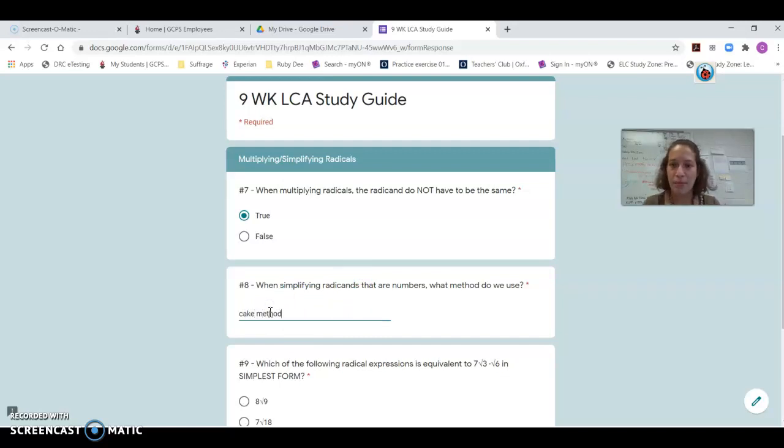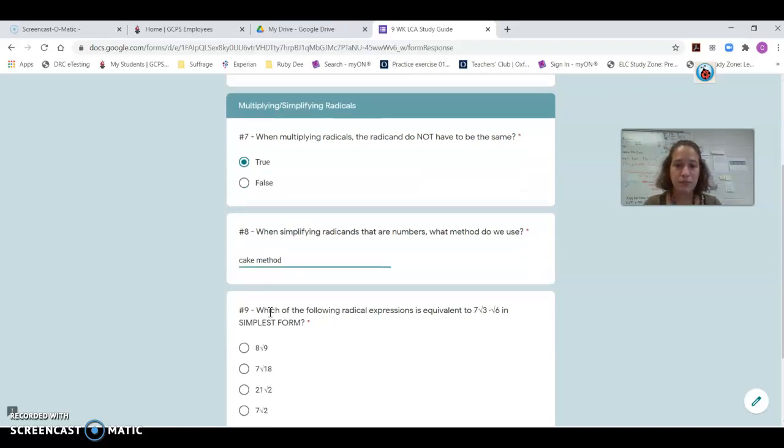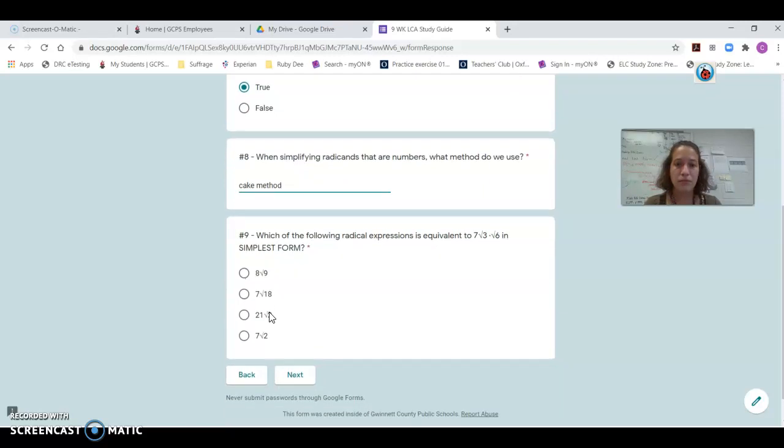We talked about that on Monday. Please review your notes. Number 9, we multiplied these out, and we got 7 square root 18. Remember that? But then we simplified it by using birthday cake, and we got 21 square root 2. We're going to do more practice with this in the problems coming up. So please make sure you're reviewing your notes.